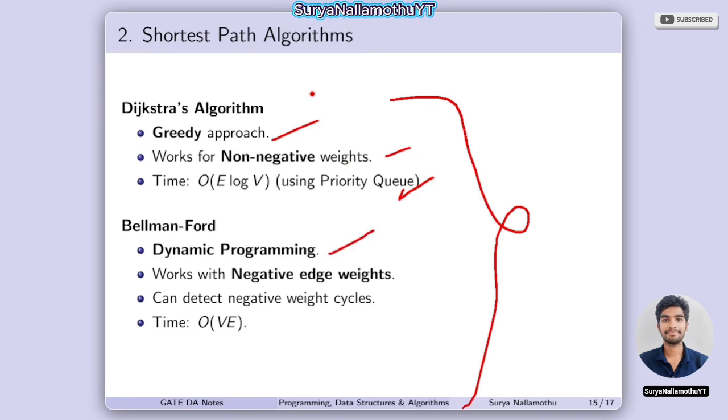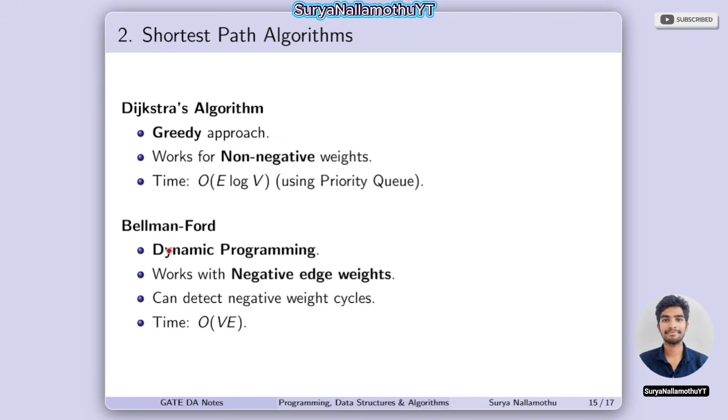In some cases, there is a chance to ask a single question based on this slide. Bellman-Ford uses dynamic programming, works with negative edge weights, and can detect negative edge cycles, and the time complexity is vertices times edges.